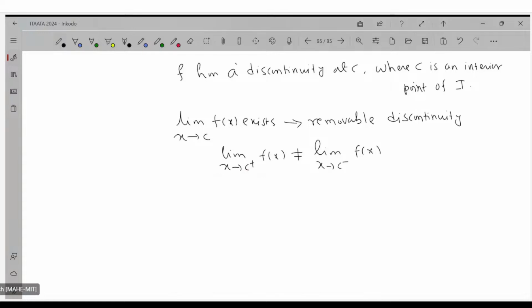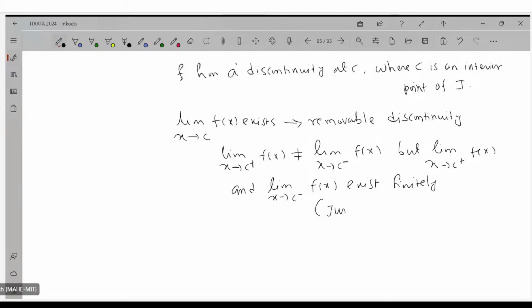They are not equal, but limit x tends to C plus f(x) and limit x tends to C minus f(x) exist finitely. Then we have jump discontinuity, correct?